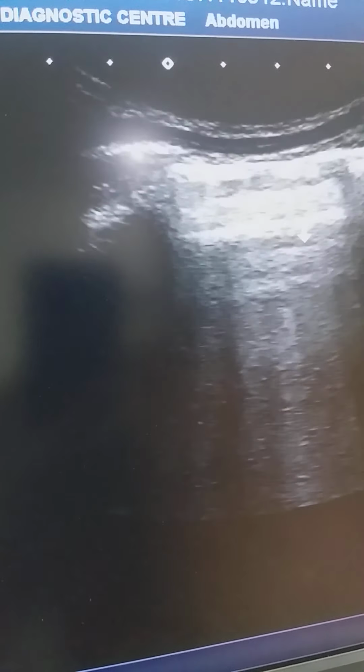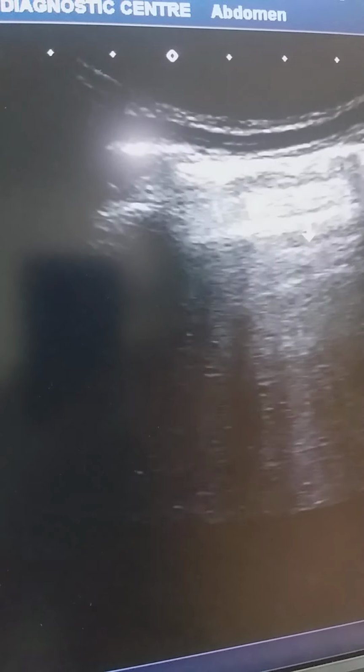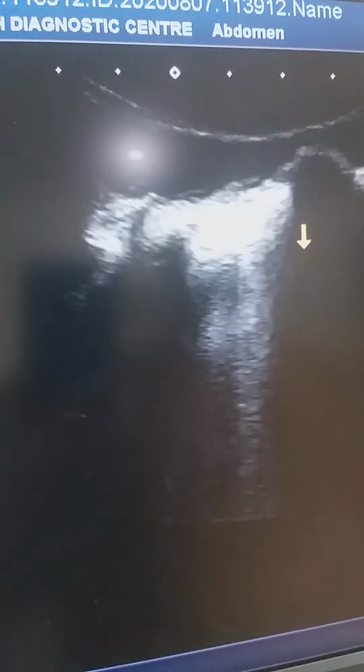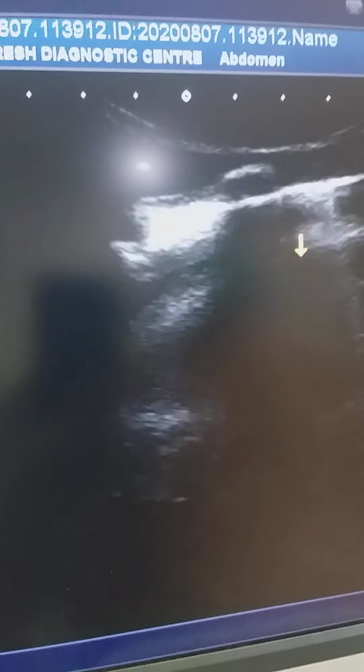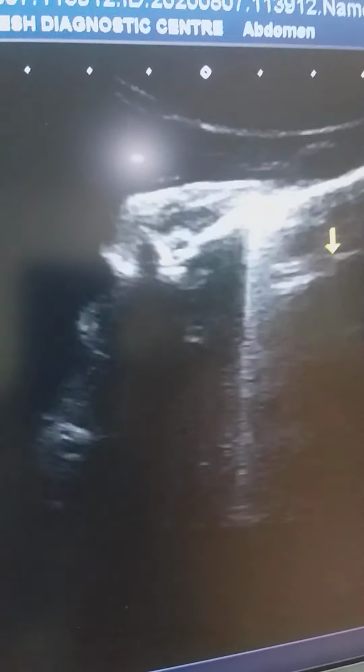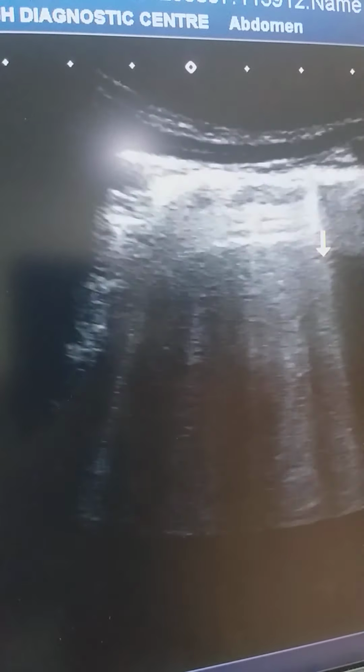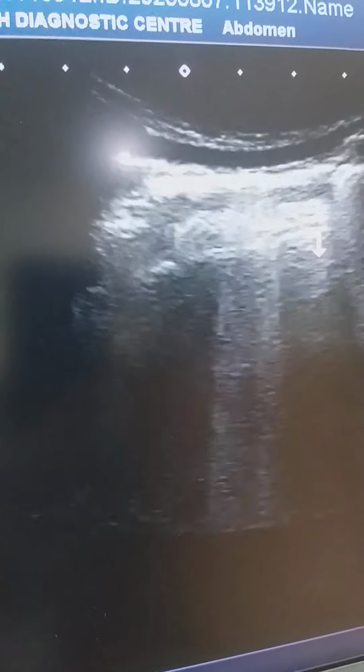So it means when I put the probe in the upper chest, the B lines are diminished, decreased in number. When I move to the lower chest, these are increased and confluent. So the pathology is in the lower zone of the chest.